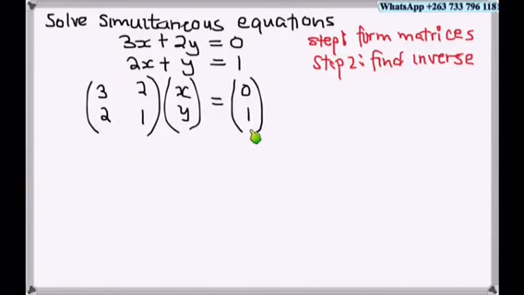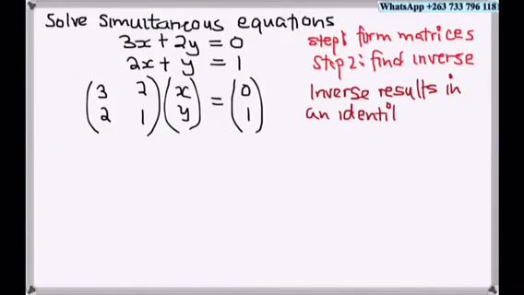So here it becomes an inverse multiplying this matrix. The inverse results in an identity matrix here. It will give us 1, 0, 0, 1, which will give us x and y, and here it will give us the values of x and y.